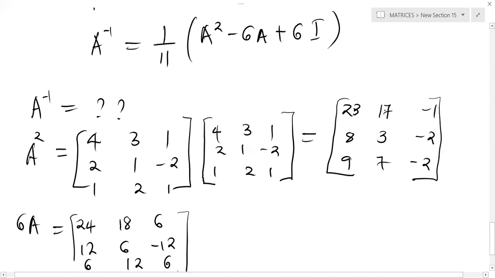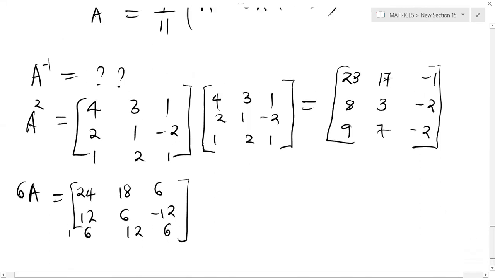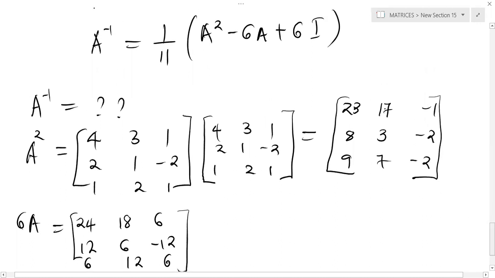That's the value of our 6A. And finally, 6 identity. So we are taking this here, we are subtracting this. Let's first of all do that. So A squared minus 6A plus 6 identity.